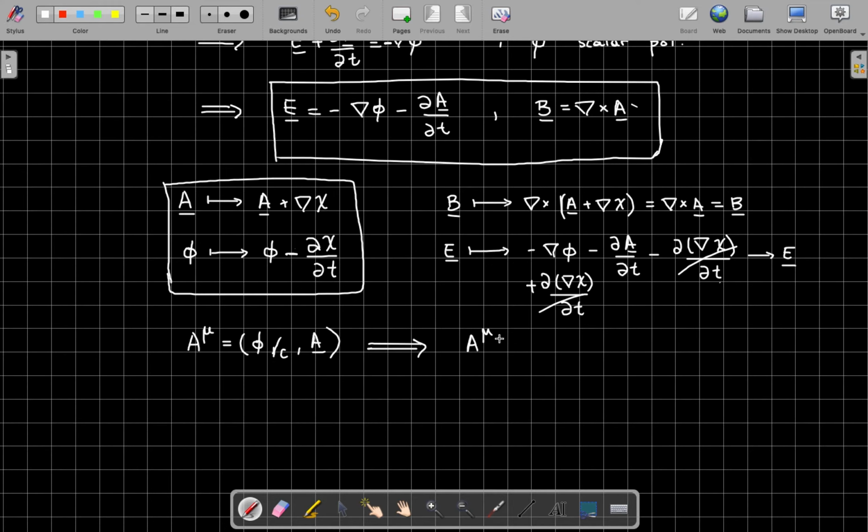A mu gets mapped to A mu minus derivative mu chi.